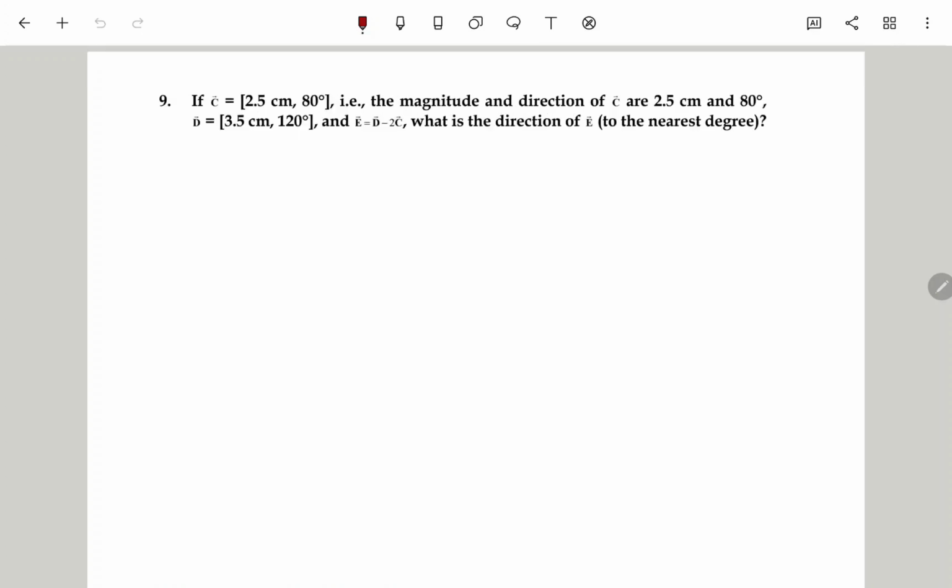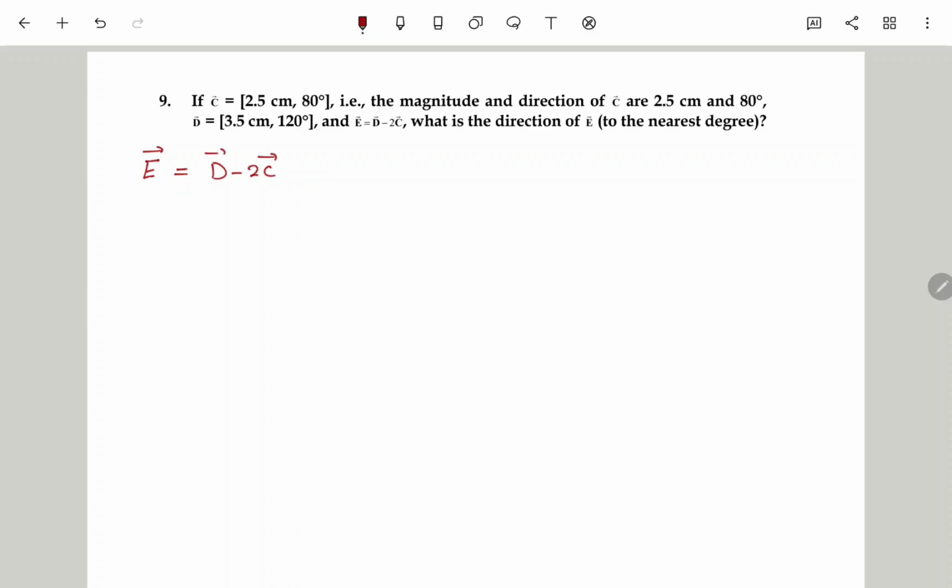If C equals 2.5 centimeters and 80 degrees, in polar coordinates, the magnitude and direction of C are 2.5 centimeters and 80 degrees. Now D equals 3.5 centimeters and 120 degrees, and E in this case equals D minus 2C. What is the direction of E? Now E equals D minus 2C.